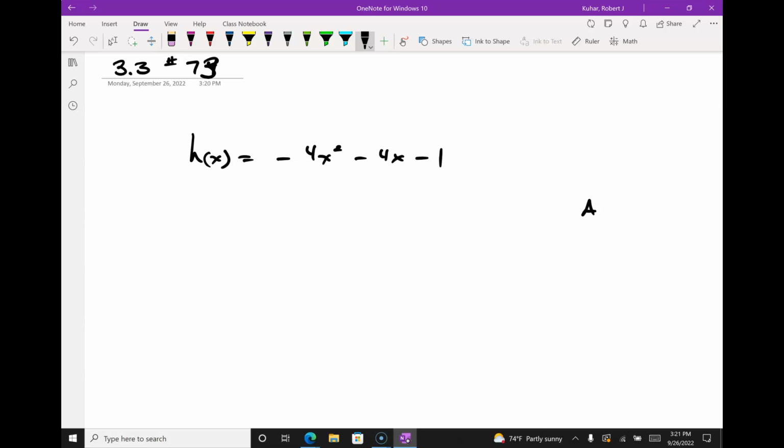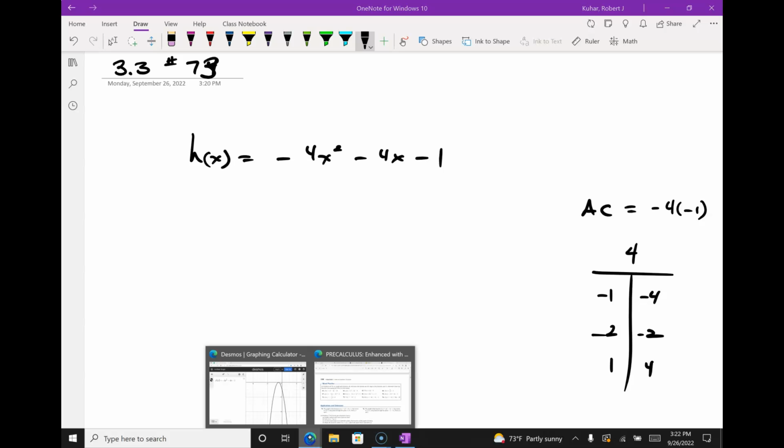So you remember the AC method? A times C is what? Negative 4 times negative 1? That's 4, right? I want the factors of 4, so 1 and 4 or 2 and 2, but I need them to add to negative 4, so they both must be negative.